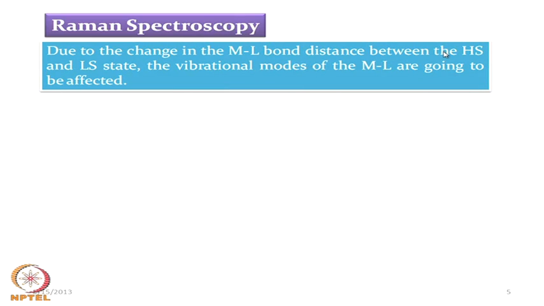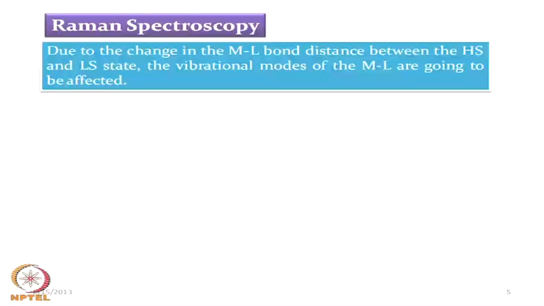We have seen that ML bond distances change as we move from high spin to the low spin state, and the vibrational mode associated with the ML bond will definitely be affected or changed as we move from the high spin state to the low spin state.